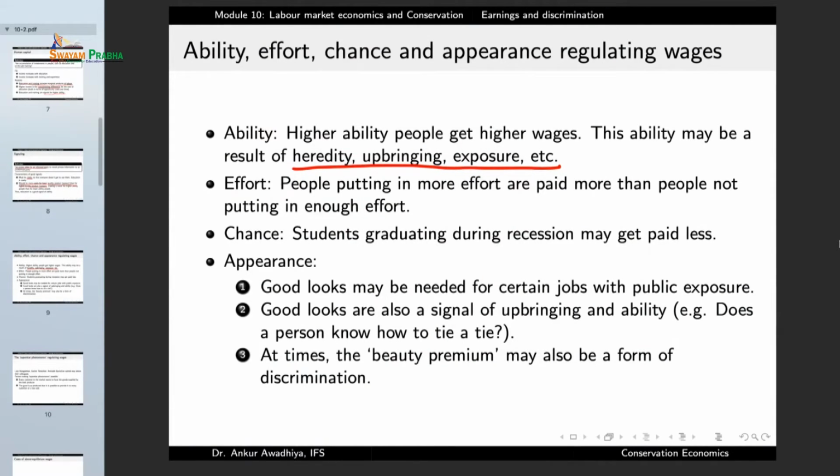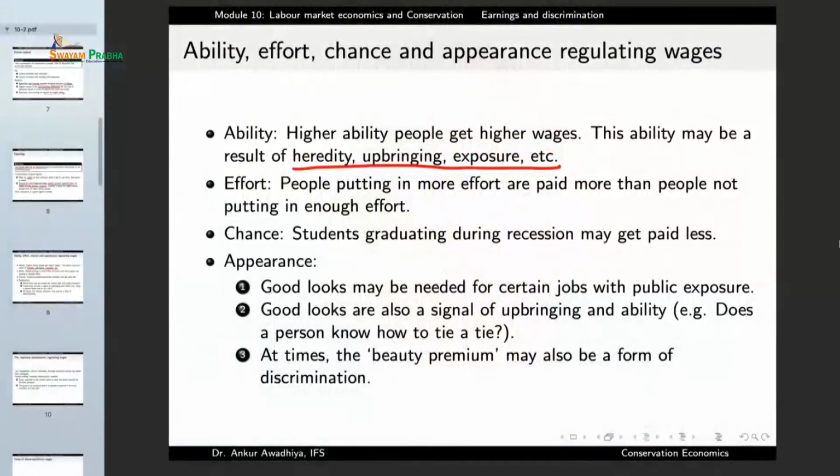Effort. A person who is putting up more effort is paid more than a person who is not putting up enough effort. Basically, if there are two candidates, both with equal abilities and equal education, but person one works for 12 hours in a day, while person two works for only 2 hours in a day and the rest of the time does not work.